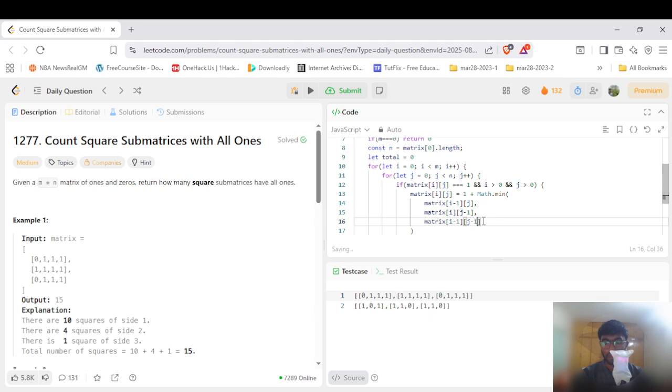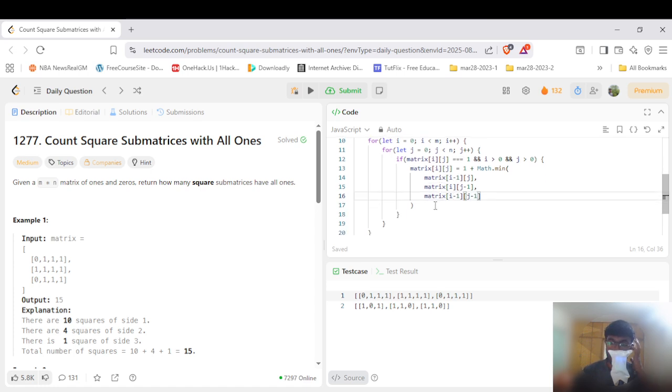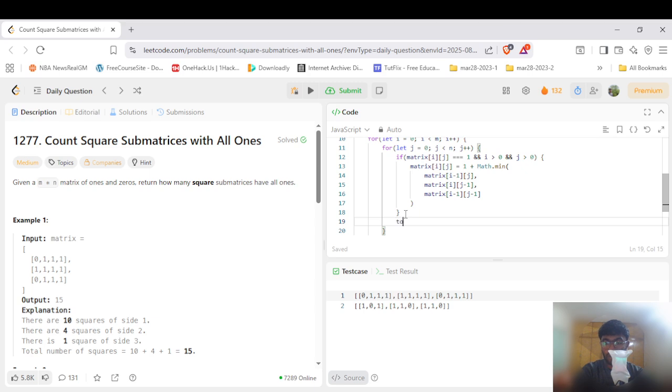If it is also a 1, then we consider it as a submatrix containing all ones only, right? Once we do that, we will immediately update the total value.